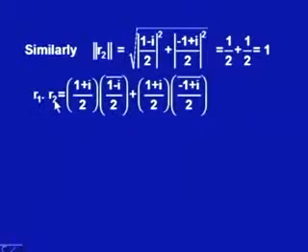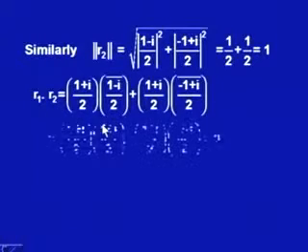Now, R1 dot R2, that is the inner product of R1 and R2, it is (1+i)/2 multiplied by the conjugate of (1-i)/2, plus (1+i)/2 into the conjugate of (-1+i)/2.